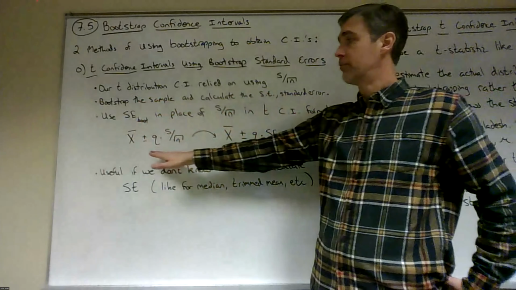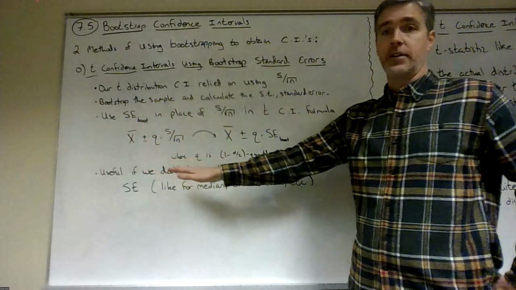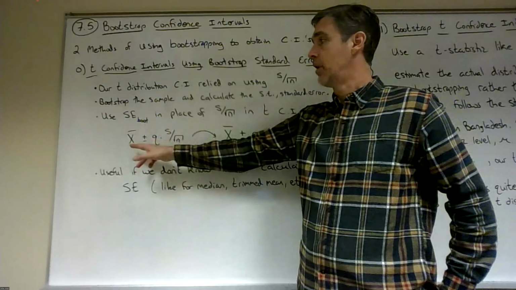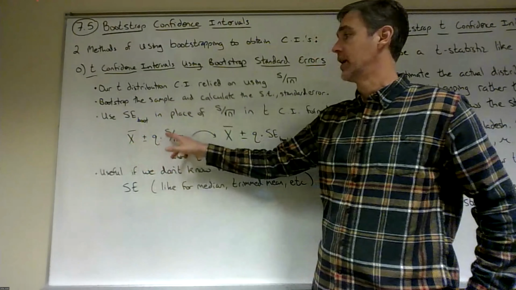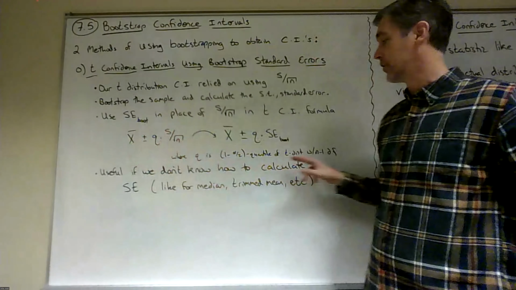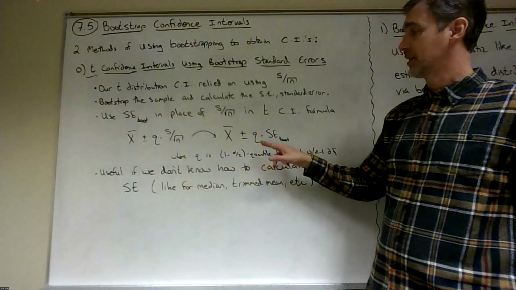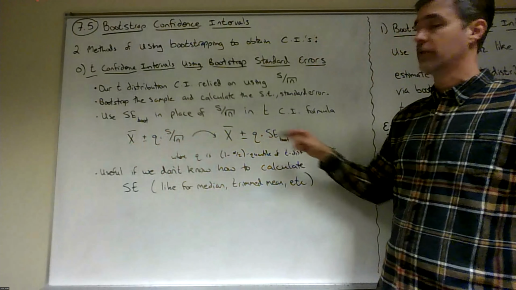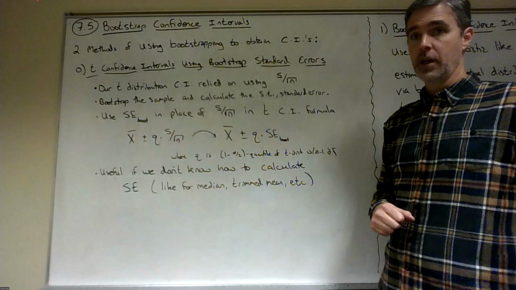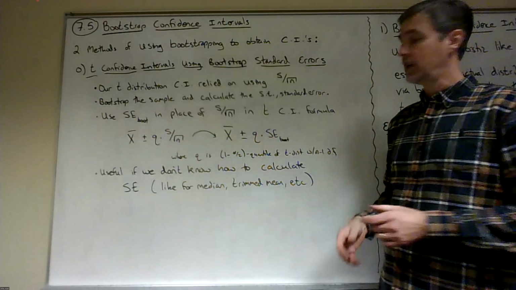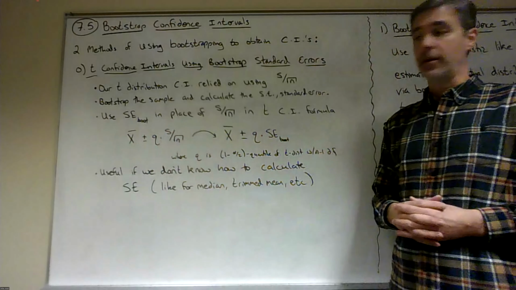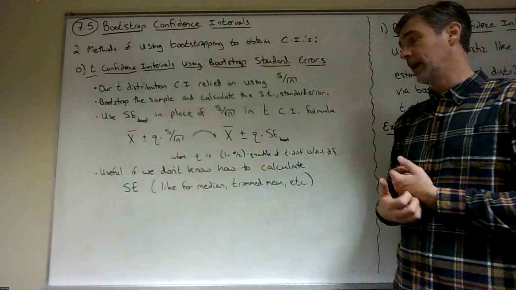So from section 7.1, the T confidence interval was X bar plus or minus quantile times S over root N, where the quantile is from the T distribution. And we're going to replace that with X bar plus or minus the quantile times the standard error from bootstrapping. So we're going to do the bootstrapping technique, grab the standard error from it, and plug it into the formula we had before.